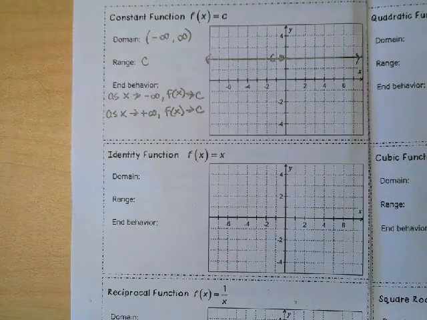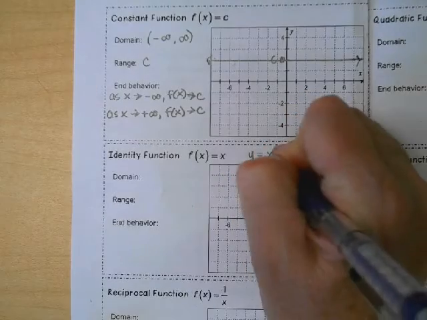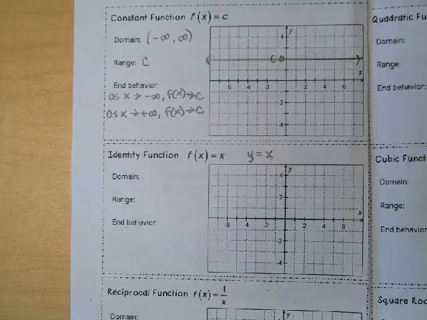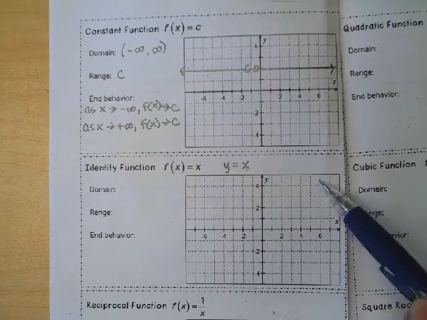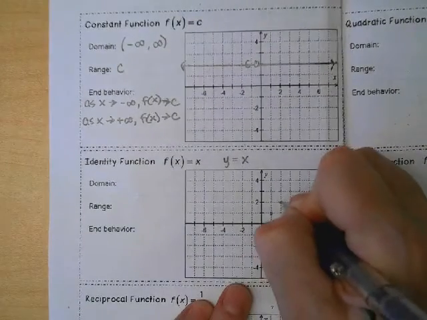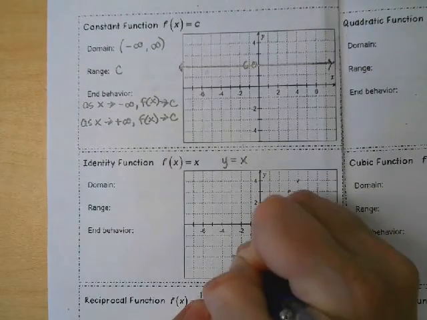Now, this function, the identity function, is one that I want you to make sure that you always notice, the y equals x function. It goes on a 45-degree angle, right through (1, 1), (2, 2). It's an important function that you note. And this is it with positive slope.